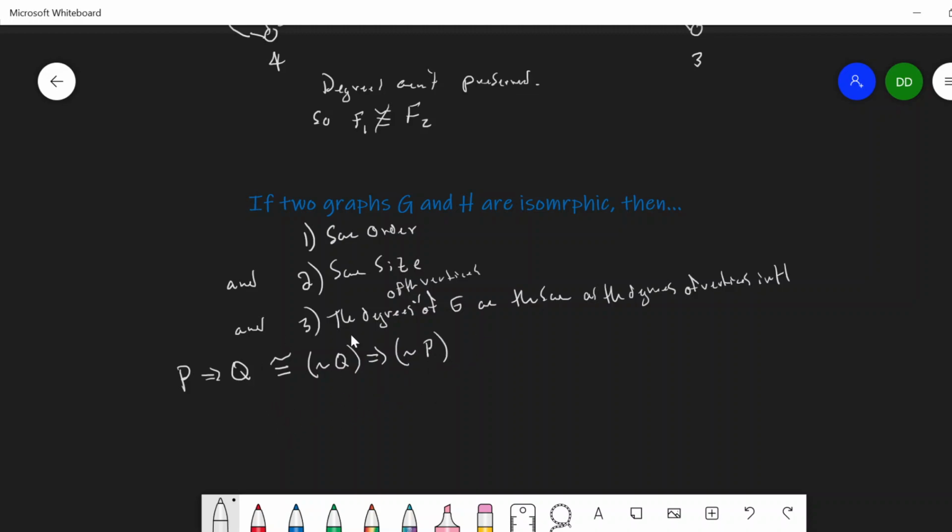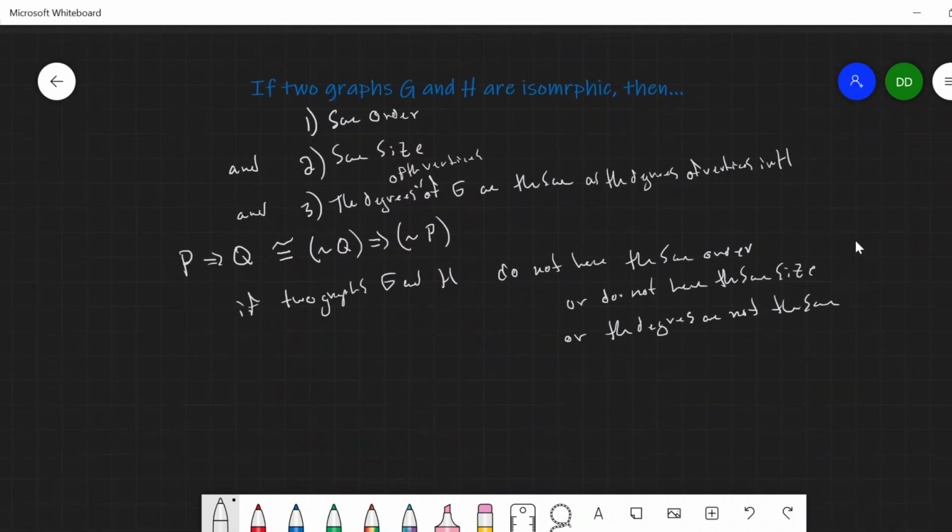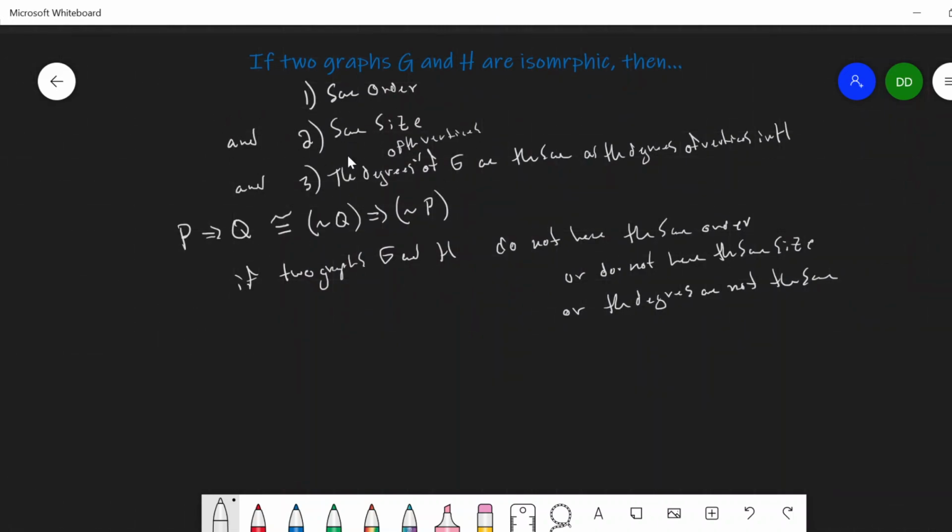So what that means here is that if two graphs, G and H, do not have the same order, or do not have the same size, or the degrees are not the same, so that's my not Q. See how I've negated this conjunction, these and statements, they're now ors.